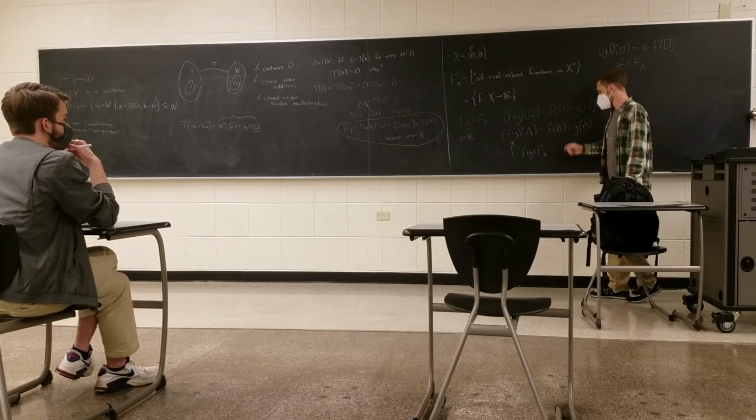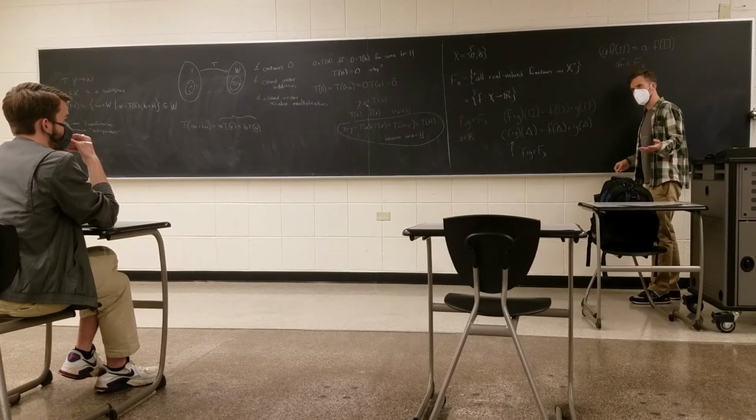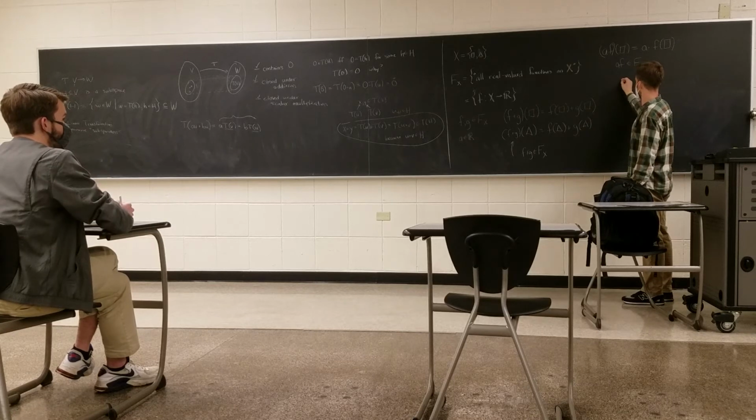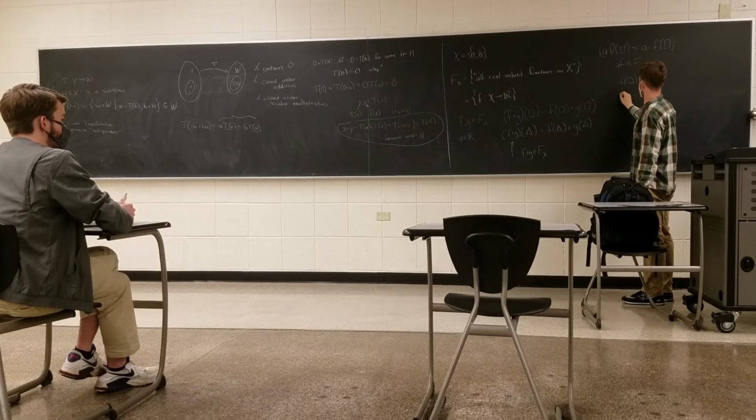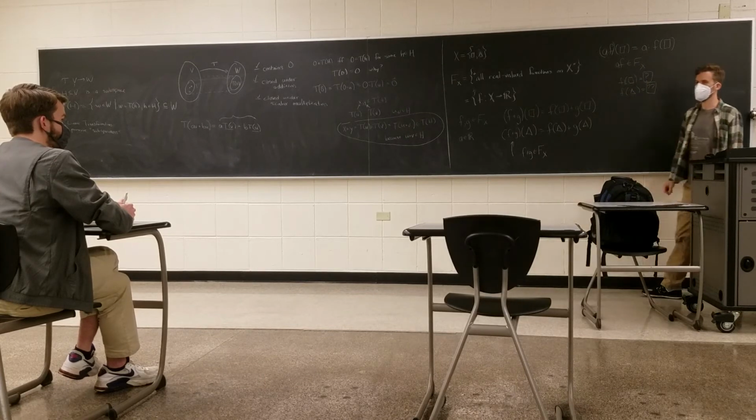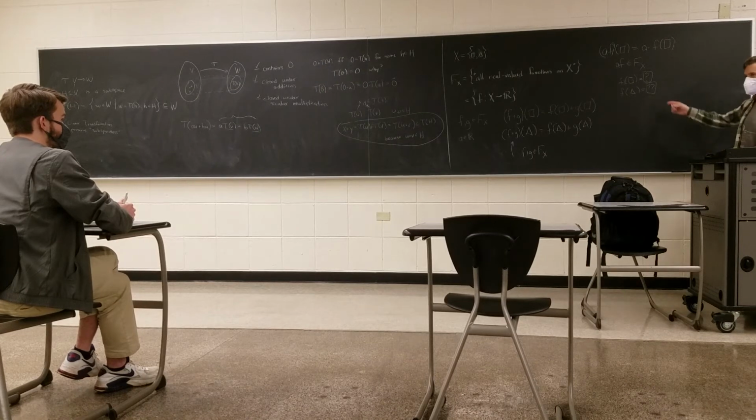And how can you define a function in a variety of ways, but one way is to say what f of square is equal to and f of triangle is equal to. And this gives me all the information.